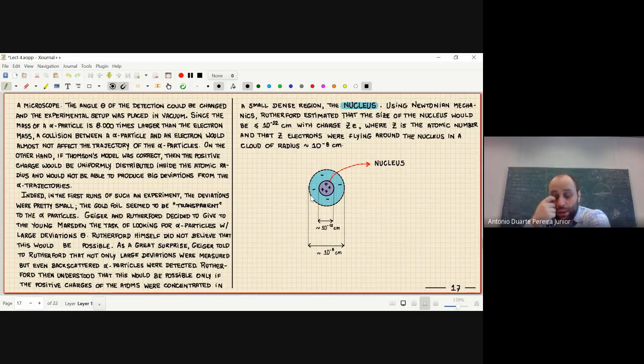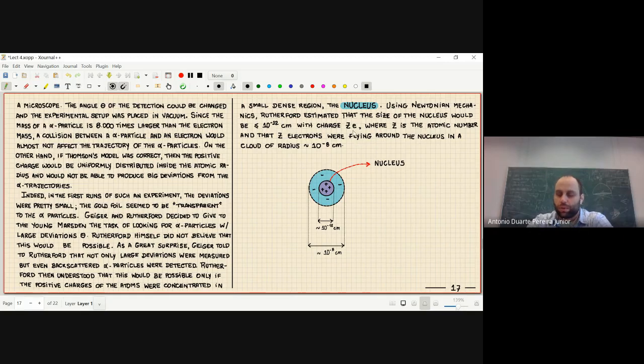Most importantly is the following. Yes, the electrons are negatively charged. So if you have a cloud of electrons, and if you have Z electrons, so you count how many electrons you have in the atom, and you count Z, okay? If you have Z electrons, then Rutherford said you are going to have Z positively charged particles in the nucleus, and the charge inside the nucleus is Z times the absolute value of the charge of the electron, okay?